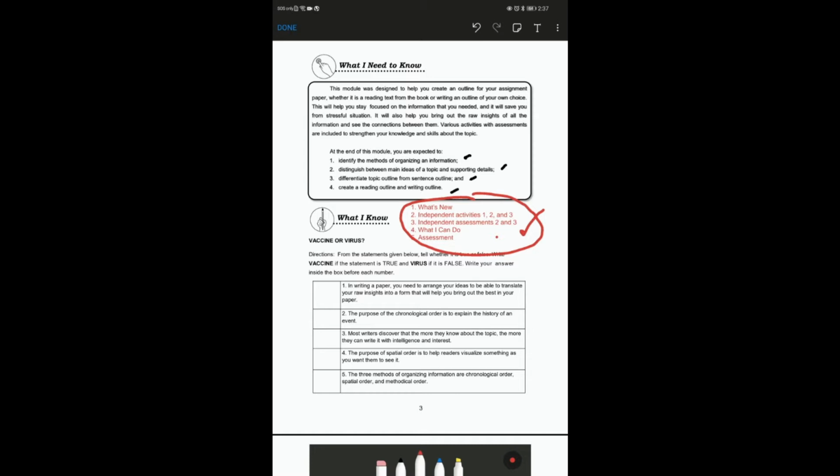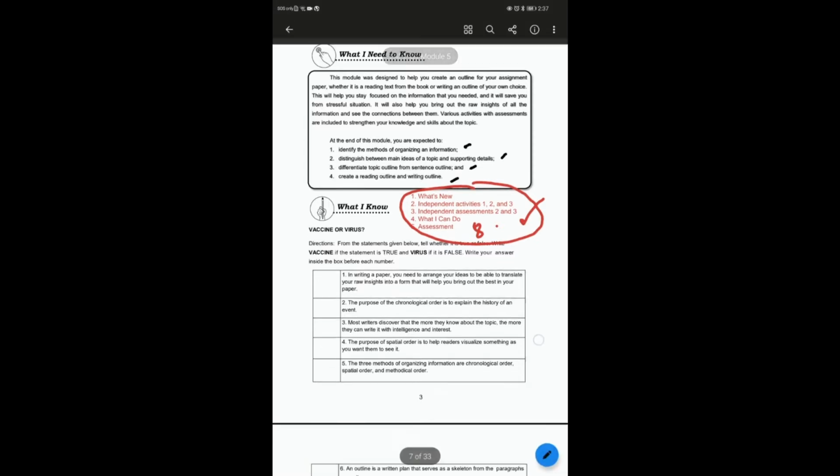So all in all, for this module 5, you will only have to accomplish 8 activities. And again, these are those 8 activities. So make sure to remember that.